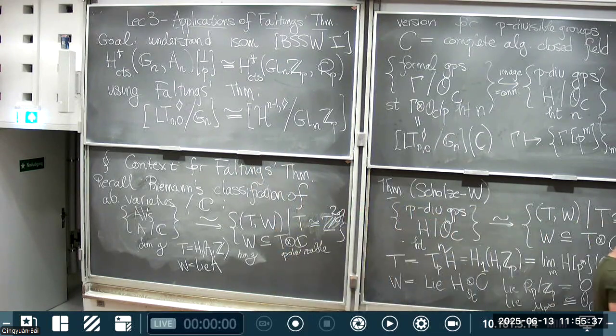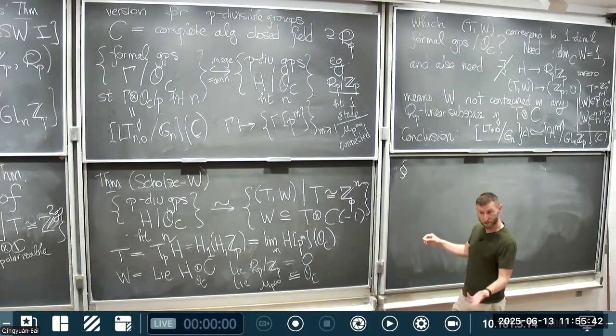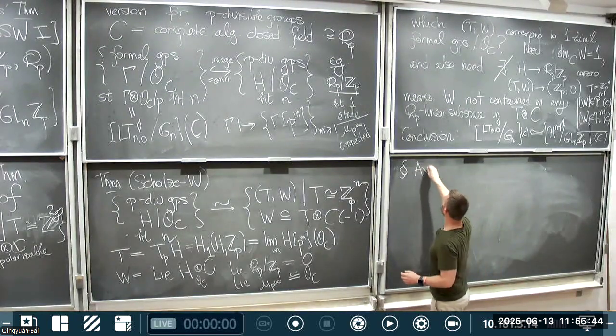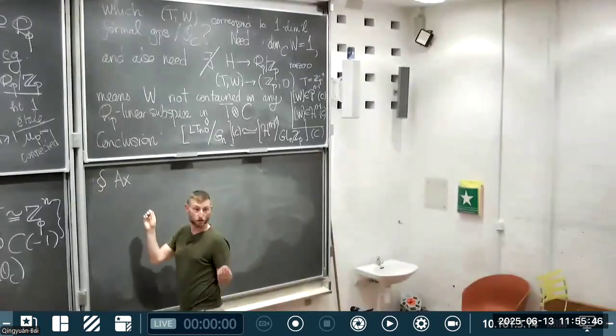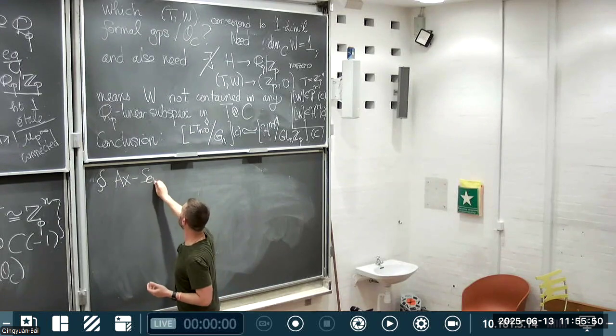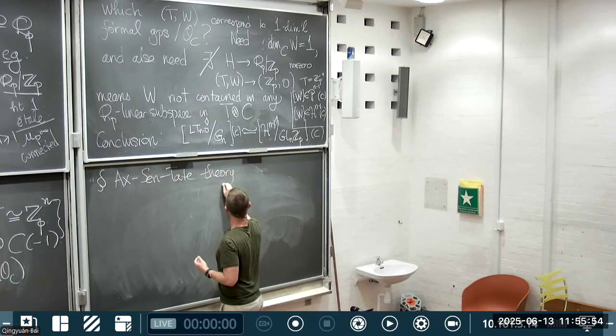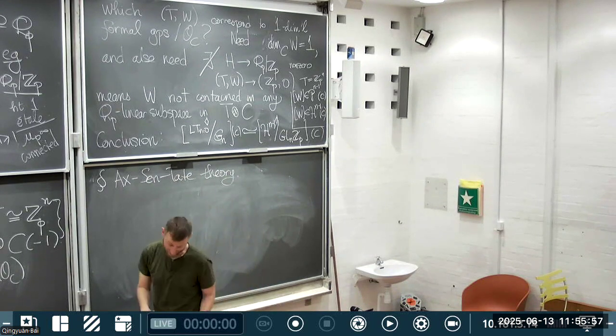Those cohomology groups are pretty complicated, and I want to do one basic example first, and those examples come from just one point, Q_p, or Spec Q_p, or Spd Q_p, whatever. And so this section is called Ax-Sen-Tate theory. And it's going to be quick.